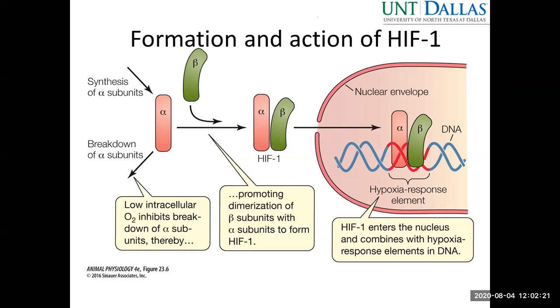The second scale of response is intracellular, in cells throughout the body. The intracellular response occurs if the rate at which the breathing and circulatory systems supply oxygen fails to keep pace with the rate of mitochondrial oxygen utilization. That can result in cellular hypoxia.